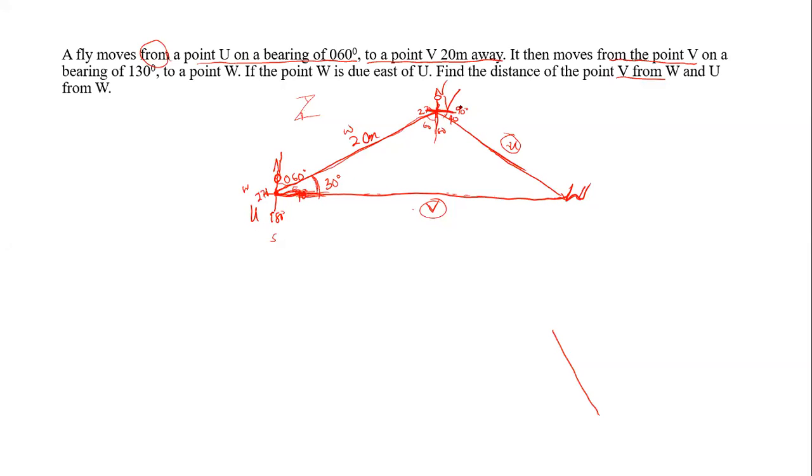I added 40 to 90 to make it become 130. So it means the remaining thing that I have here is what? 50. Because everything here should be 90. So 40 is already here. The remaining one will be 50. So it means in this place I have what? 60 plus 50. That is what? 110 degrees.